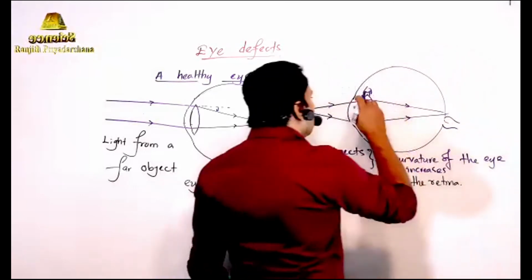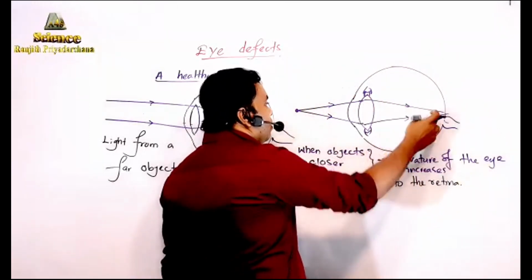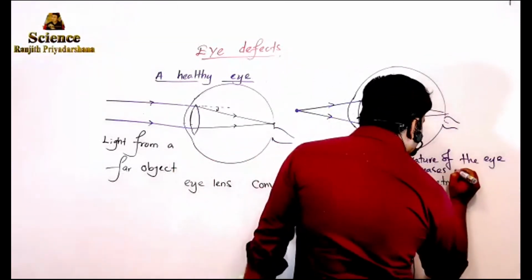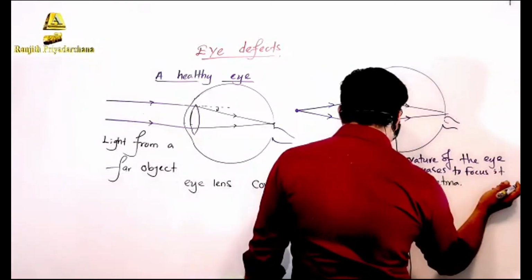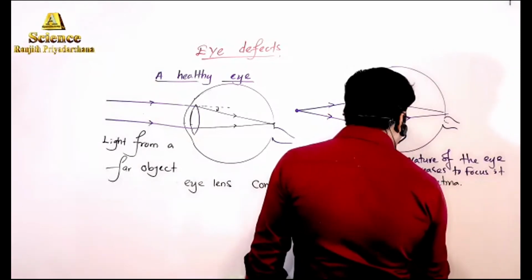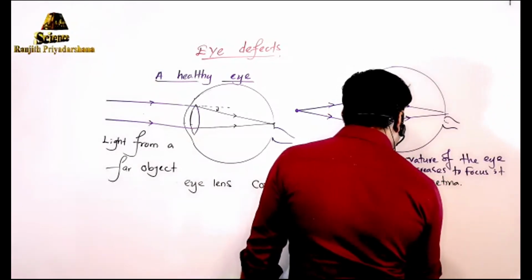Why? The curvature of the eye lens increases to focus it on the retina.